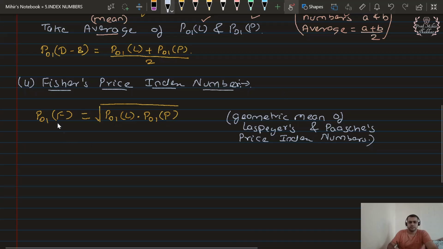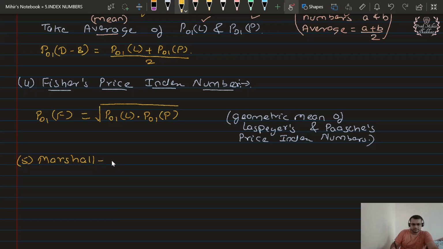That is point number 4. Now the next comes point number 5, which is Marshall-Edgeworth's price index number.